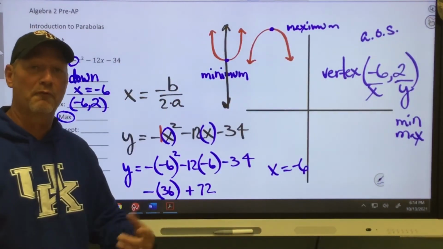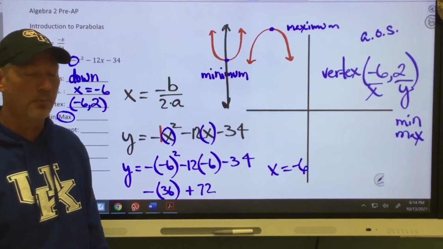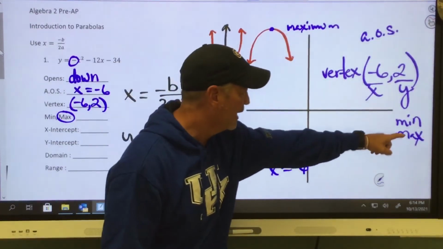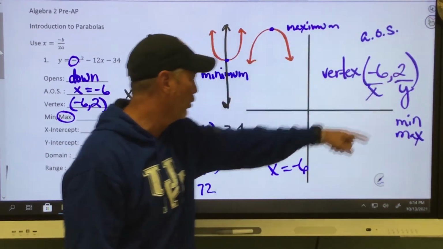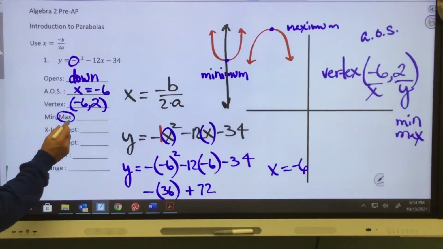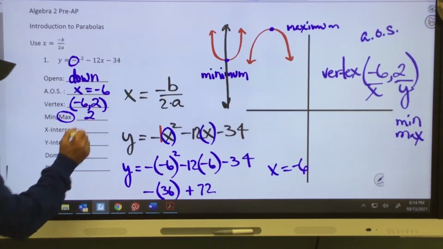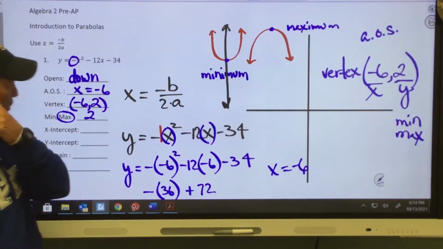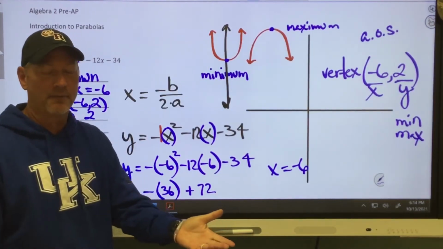It'll help you. So once you find your vertex, you found some things that can help you. All right, so in this case, it is a maximum value of 2, because it is going to be the highest point of my graph. Okay?